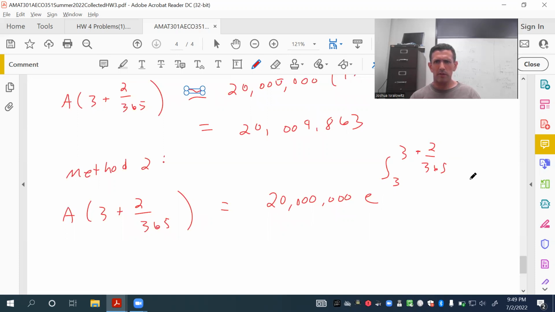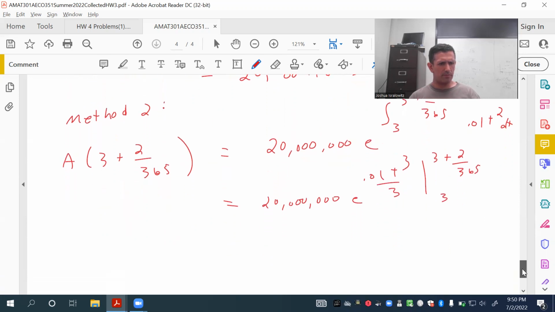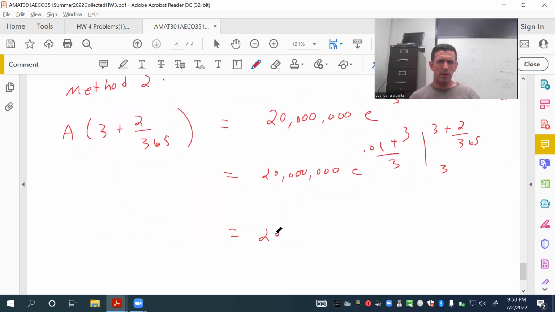So that's going to be 0.01 t cubed over 3. Plug in these, 20 million e to the 0.000494.